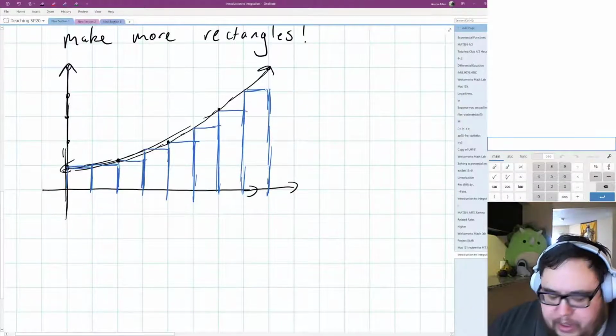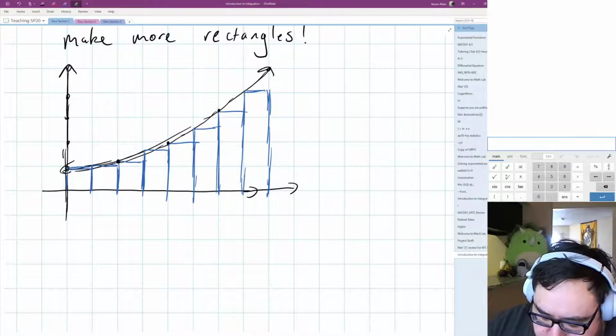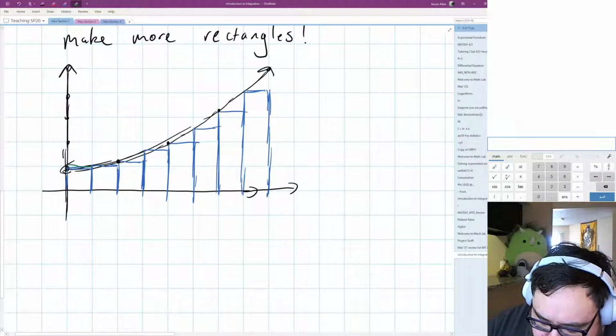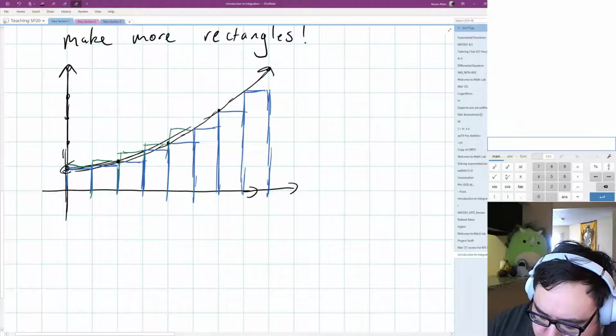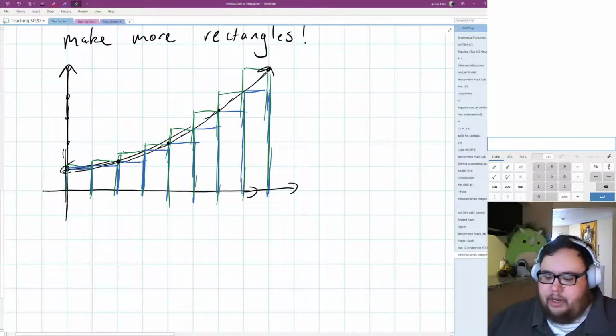So now we have 8 rectangles instead of 4 rectangles. And I think our estimates are definitely a little bit better. Now we have less extra area, right?